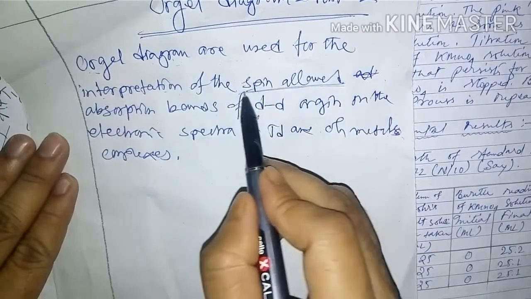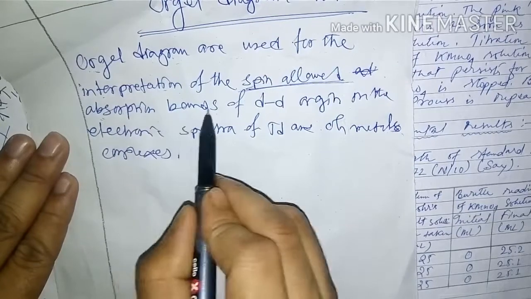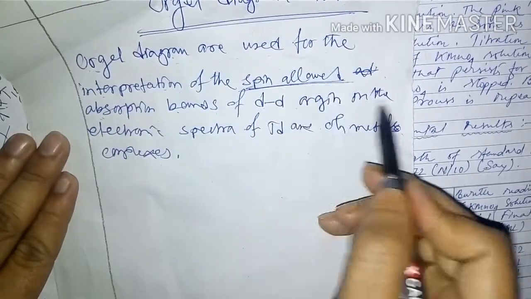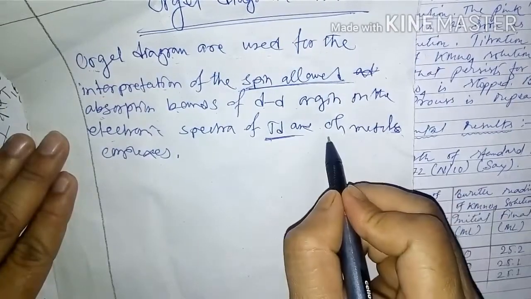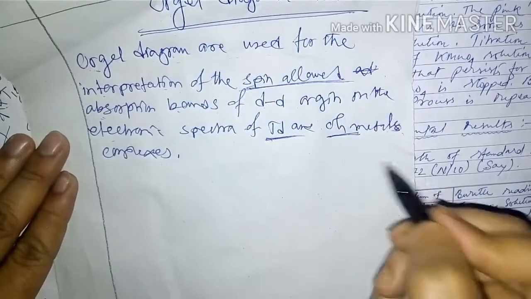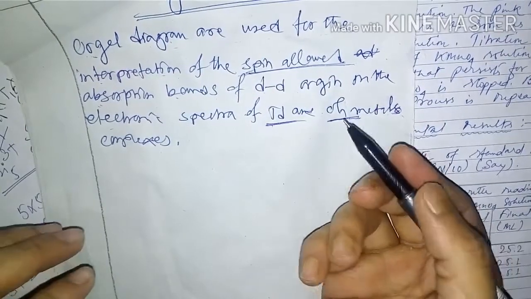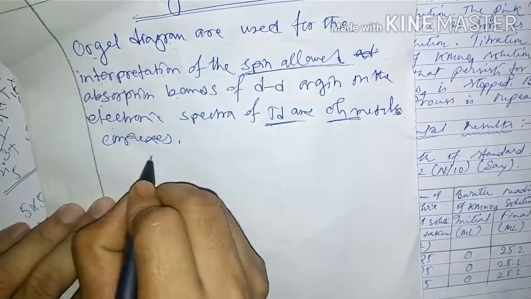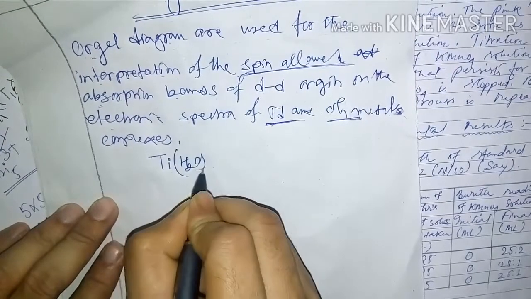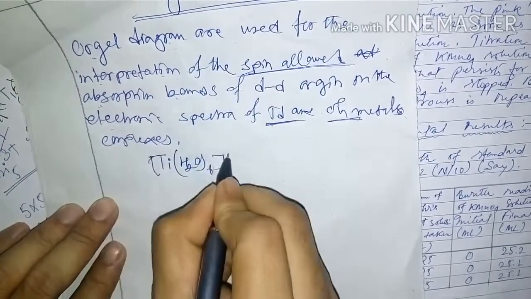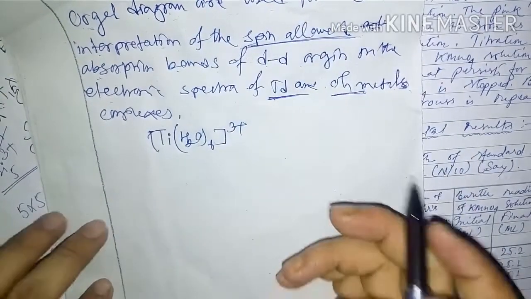These are spin allowed absorption bands of d-d origin in the electronic spectra for tetrahedral and octahedral metal complexes. Some example: titanium hexaaqua, [Ti(H2O)6]3+. This is a metal complex, an octahedral one.